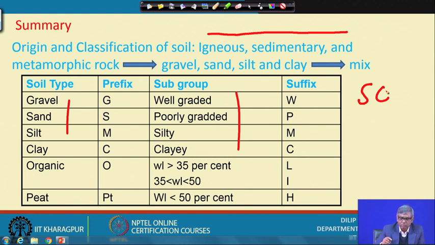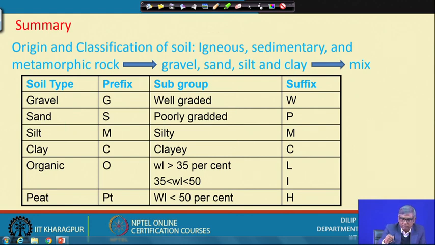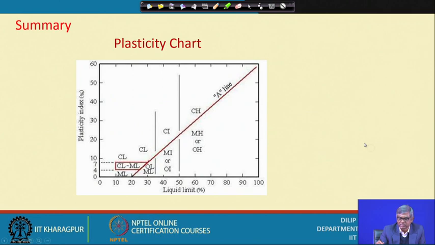So, like that we do, and at the same time, if the soil contains too much fine, that is plastic soil, then what do we do? We use the plasticity chart. We find out the liquid limit and plastic limit, and based on that I find out the plasticity index, and on the other side I put the liquid limit, and then this is the plasticity standard chart.